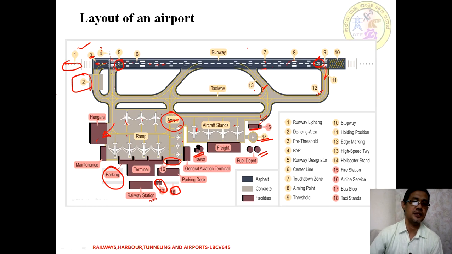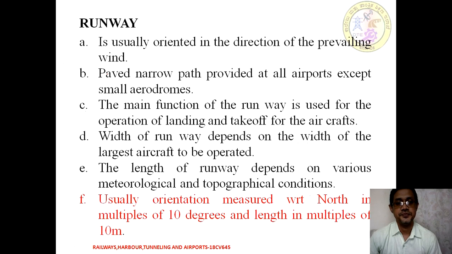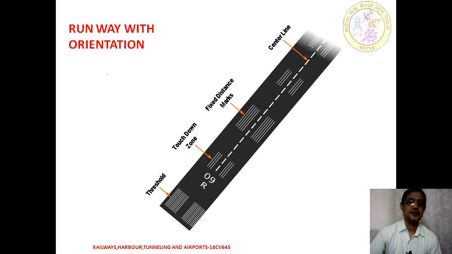It is just a number for easy identification of the orientation of a runway, for ease of landing of any type of aircraft. In this image we are showing the threshold line. As shown in the component touchdown zone, as these strips are reduced, this is the fixed marking, so that it is approaching towards the aiming point or touchdown point.